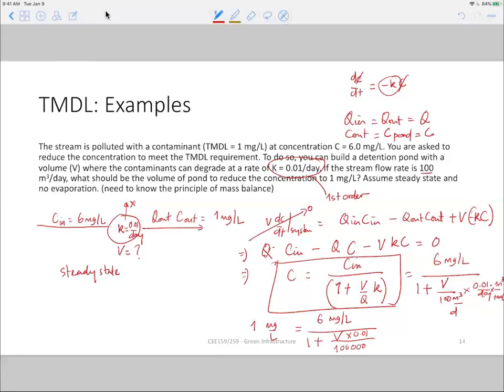Meter cubed cancels, day cancels, so that's liter.